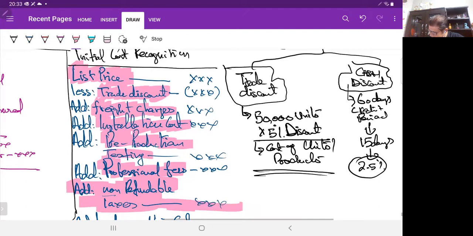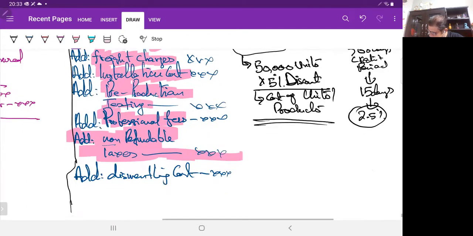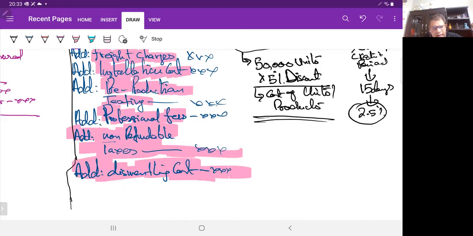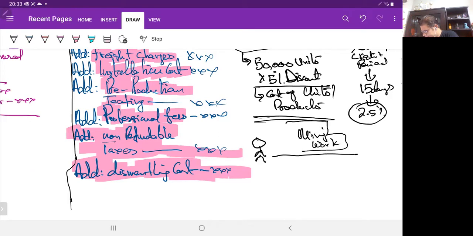Then we will add the dismantling cost. Now, what is dismantling cost? Suppose this boy went here on this land to do some mining work. And what happened?